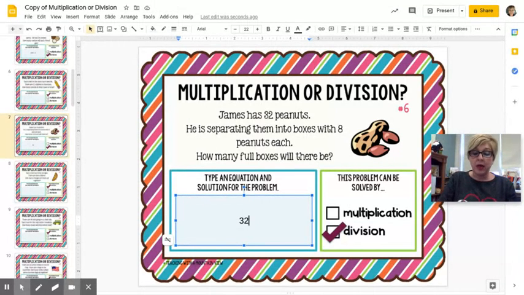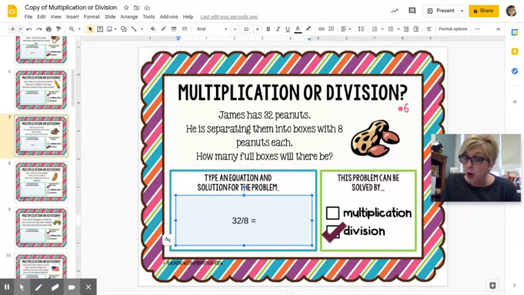How many are we putting into each group? We're putting them into groups of 8, 8 peanuts per box. And that's going to give me my answer. So 32 peanuts, 8 in a box. How many boxes are we going to need?